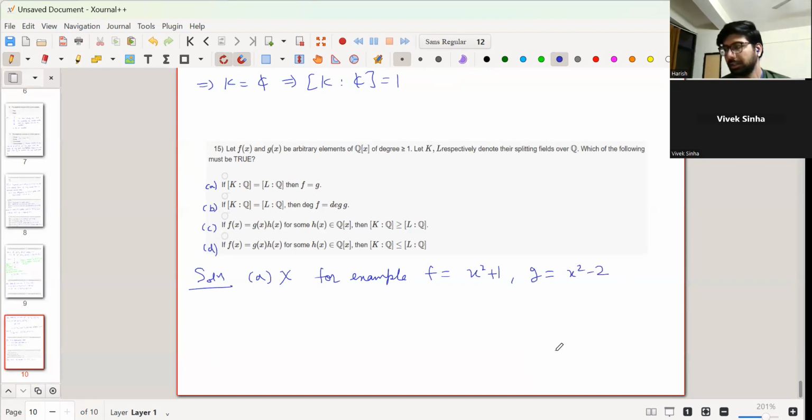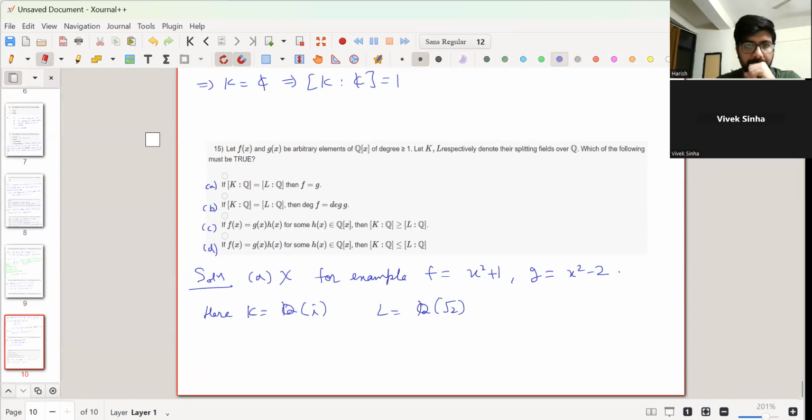So they have the same degree of the splitting field. For this, K is equal to Q adjoined with i, and L is Q adjoined with root 2, and their degree is also the same.